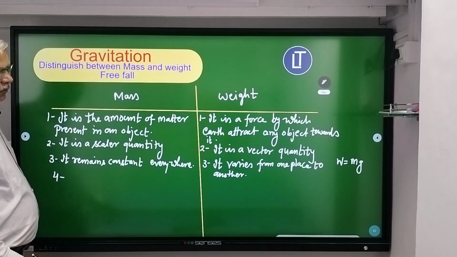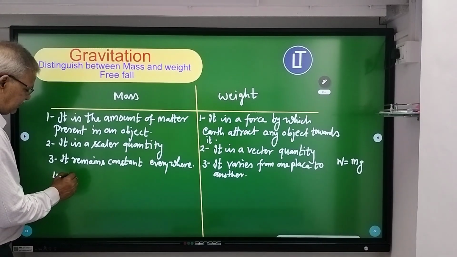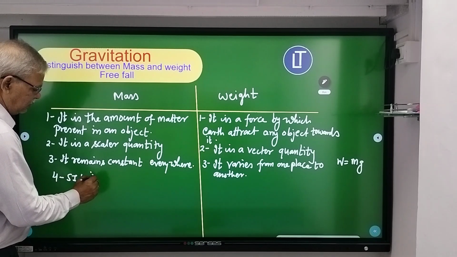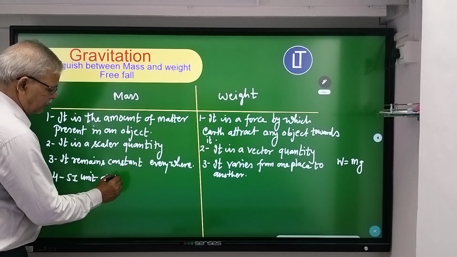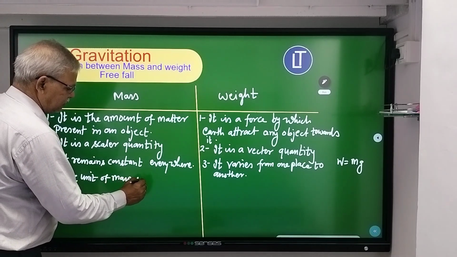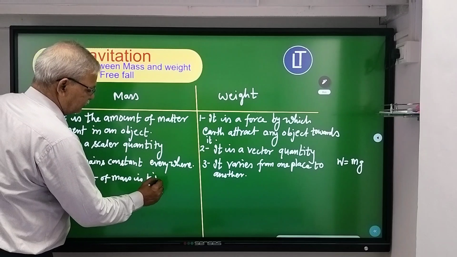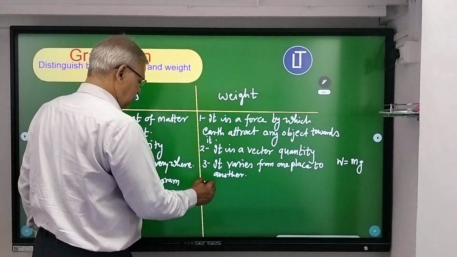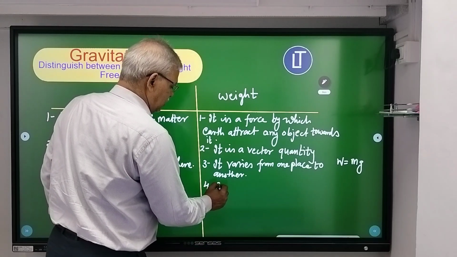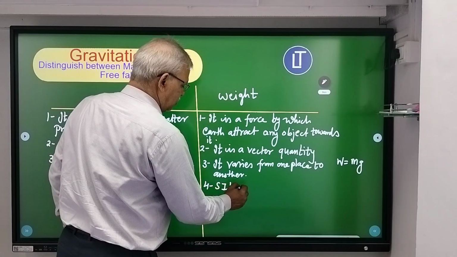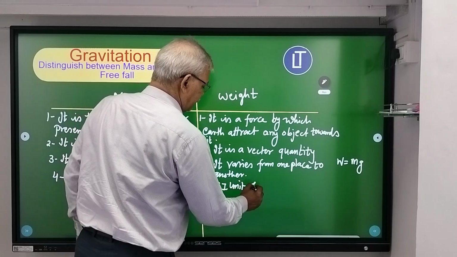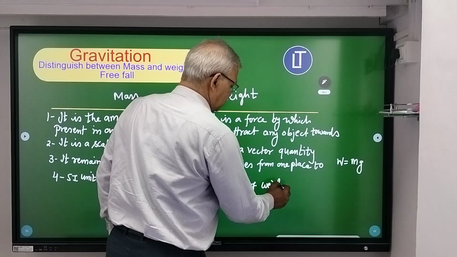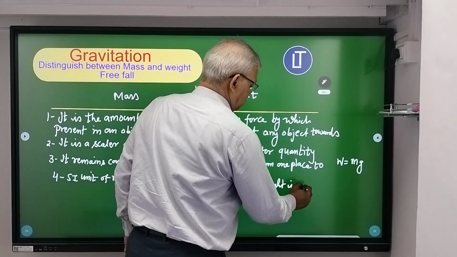Okay, now the fourth point, the SI unit of mass is kilogram, and the SI unit of weight is Newton.